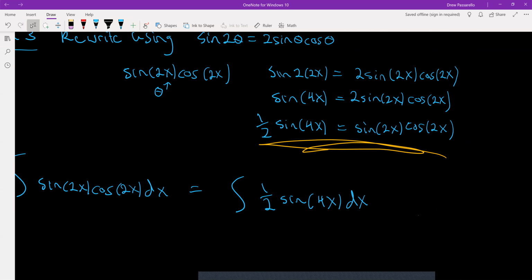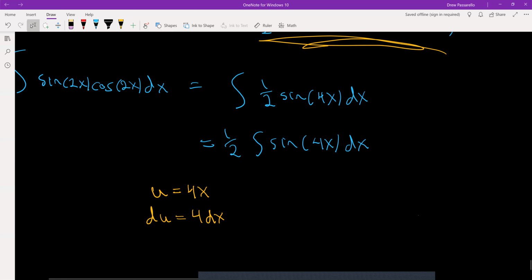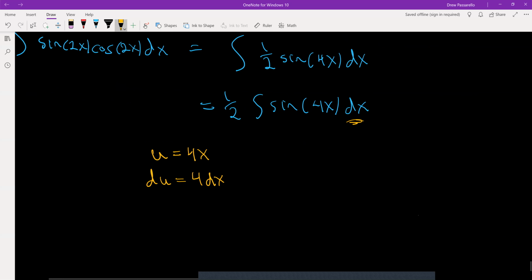And now I would just integrate. I would factor out the 1/2 first, so 1/2, and then integrating sine of 4x dx. I'm going to let u be the portion that's in the parentheses, so u is going to be 4x. So du is going to be 4 times 1, which is 4, and then attach the dx. Here we just have only dx, so I would multiply by a 4th.